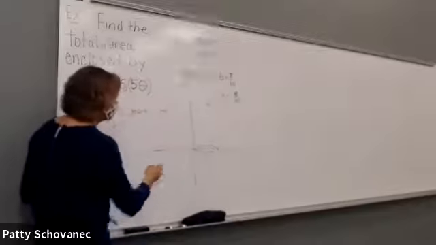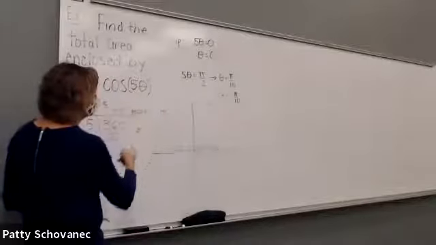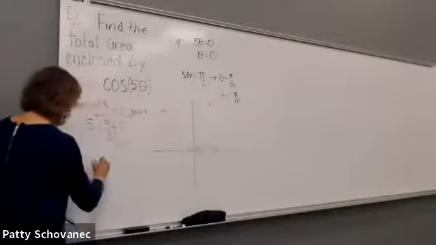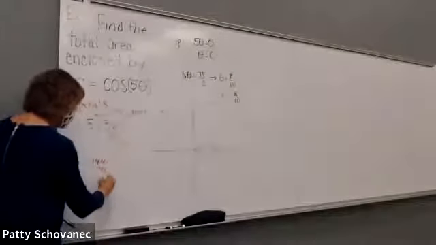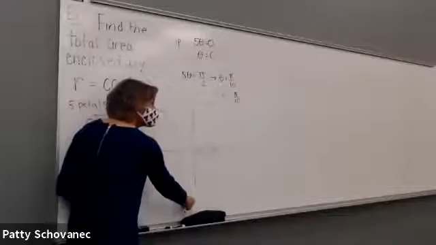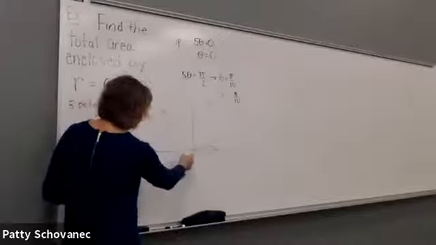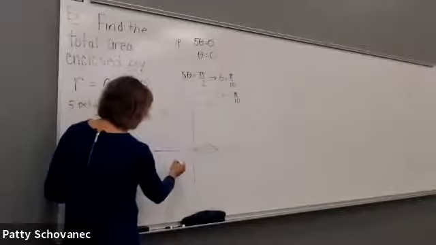Then add another 72 degrees to that, and I get 216. So this was 180. This is 3 pi halves, which is 270. So 216 might be closer in here. So there's another petal in here somewhere.